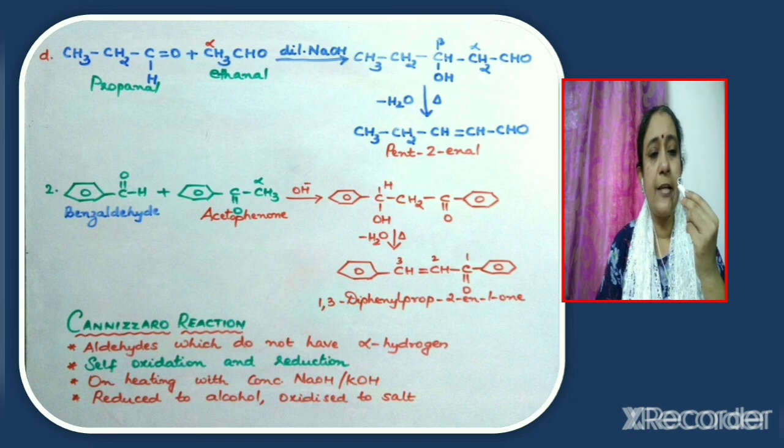So when benzaldehyde is made to react with acetophenone, the alpha hydrogen from acetophenone will get shifted to the carbonyl oxygen of benzaldehyde and we get a product. This on heating eliminates a molecule of water and we get the final product 1,3-diphenyl prop-2-en-1-one. The IUPAC name of the compound obtained is 1,3-diphenyl prop-2-en-1-one.